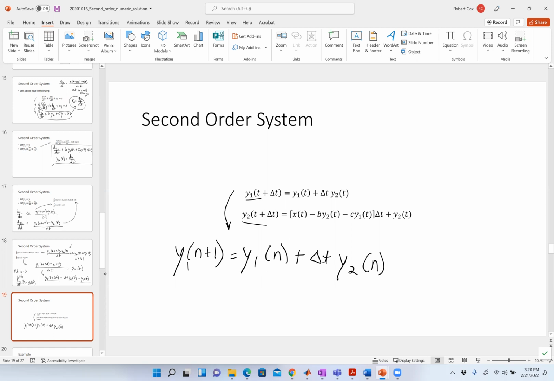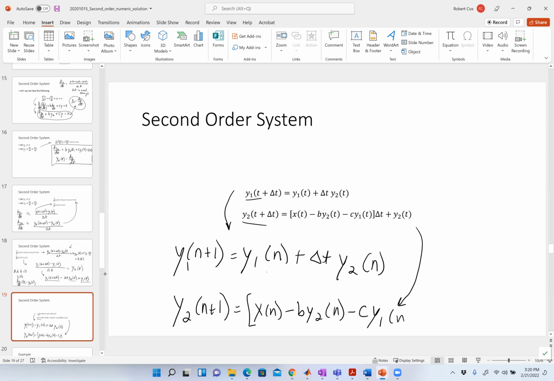Then similarly for this one here, y2 of n plus 1 is a function of x of n minus b y2 of n minus c y1 of n, all times delta t, plus y2 of n.